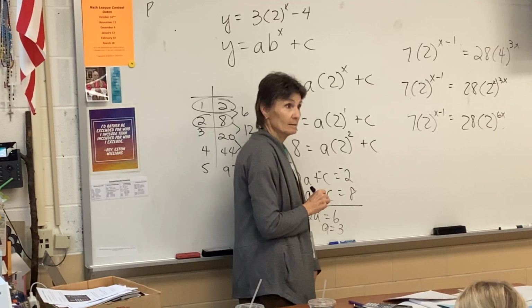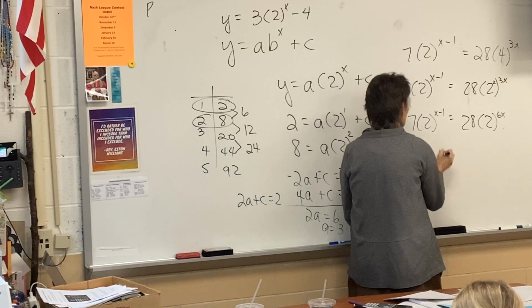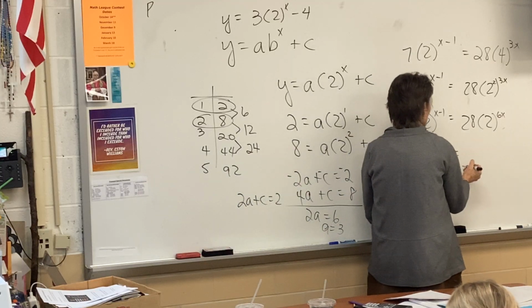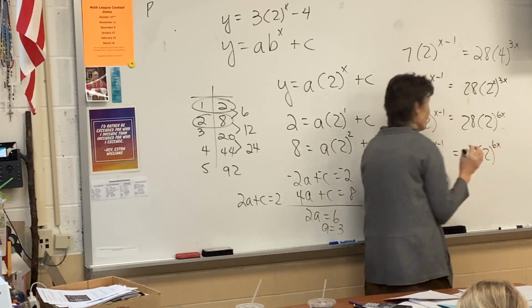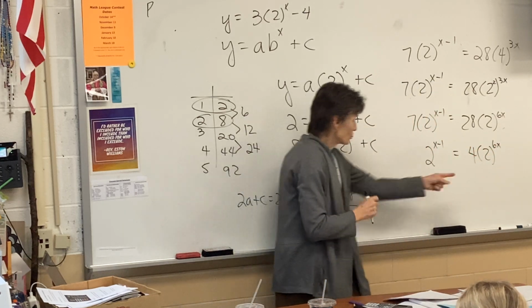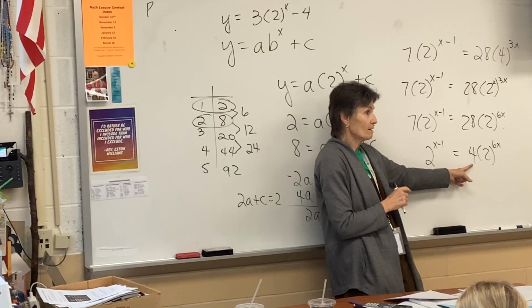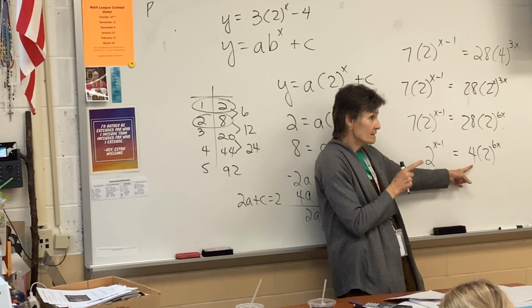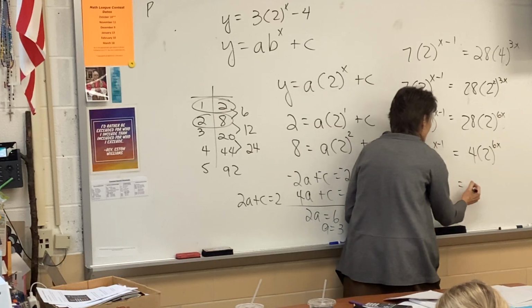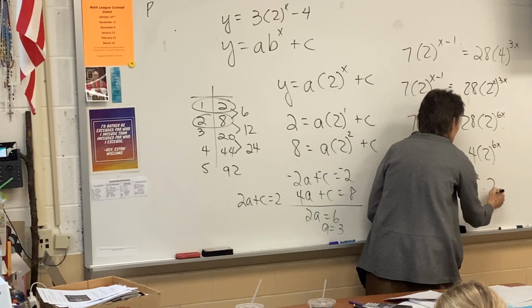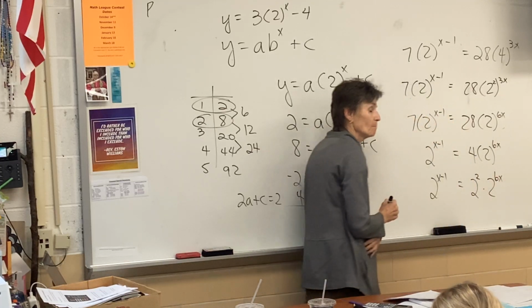Divide by 7. So 2 to the x minus 1 equals 4 times 2 to the 6x. Oh my gosh, what is so wonderful about having a 4 right there? 4 is 2 squared. So 2 to the x minus 1 equals 2 squared times 2 to the 6x.